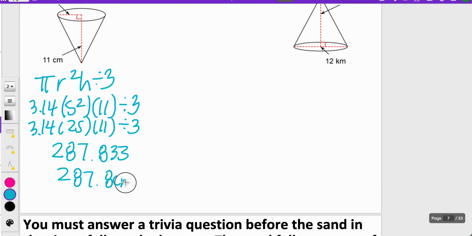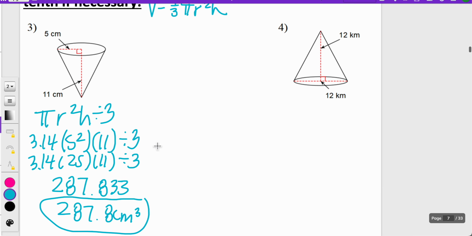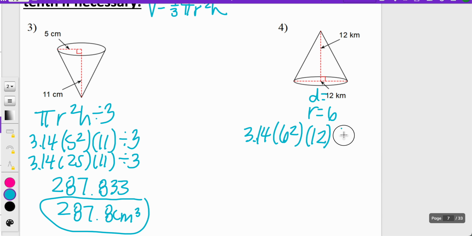287.8 cubic centimeters. Okay, for my next one, number 4, my radius is not given to me. That's diameter, so I need to half that, and that'll be 6. So 3.14 times radius squared, which is 6 squared, times 12 is my height, and then dividing by 3. Or 3.14 times 36 times 12, dividing by 3.